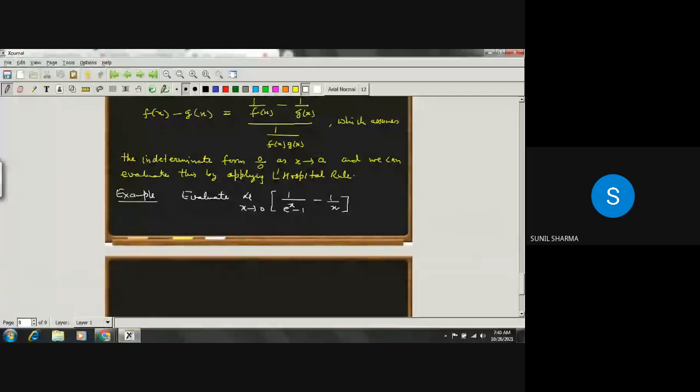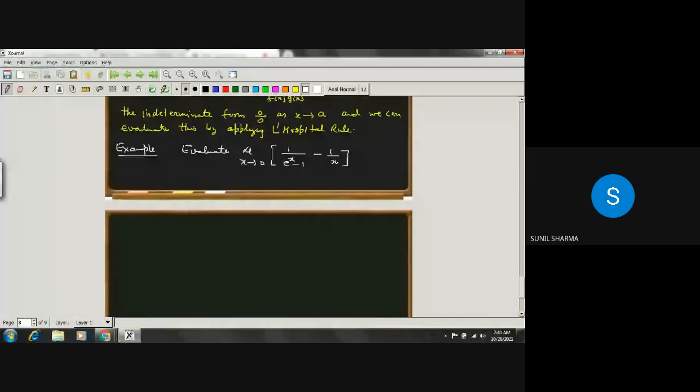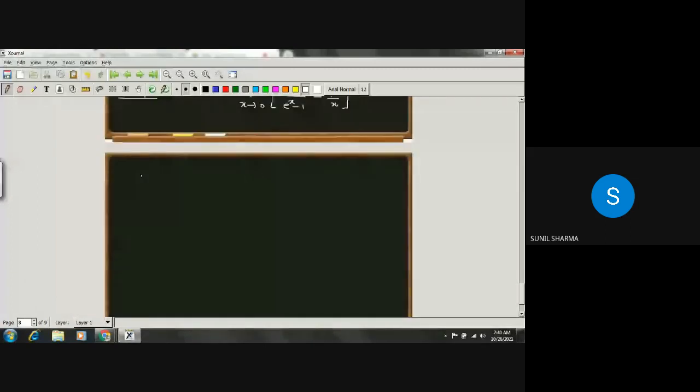So, given limit is limit x goes to 0, 1 upon e की power x minus 1 minus 1 upon x. Now put x is equal to 0. So 1 upon e की power 0 is 1, 1 minus 1 is 0, and 1 upon 0 is infinite. So first term is infinite. Minus 1 upon 0 is infinite. So it is infinite minus infinite form.